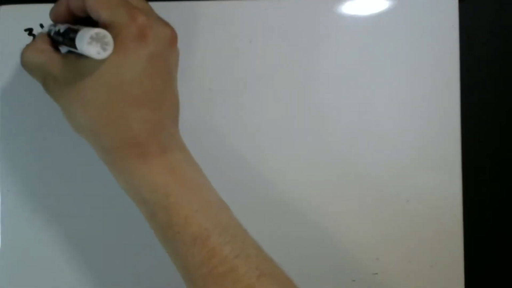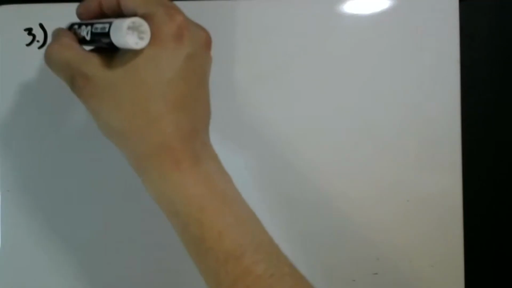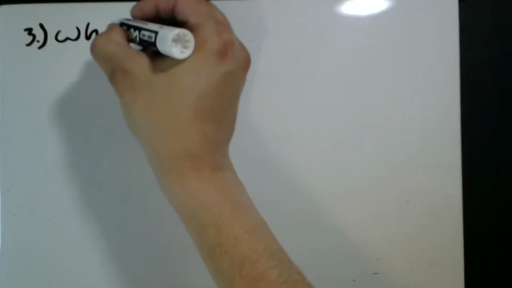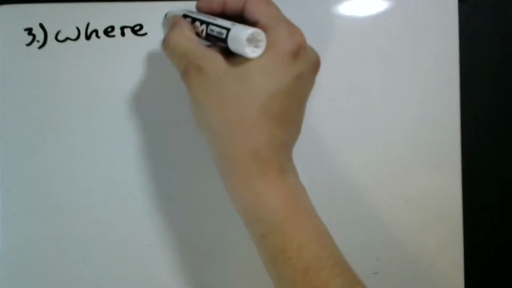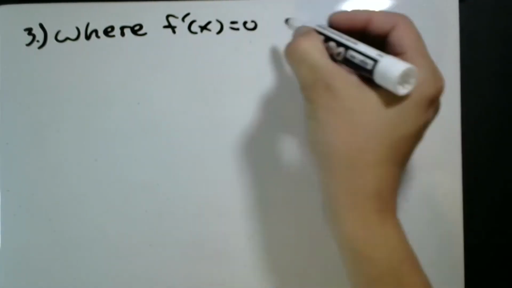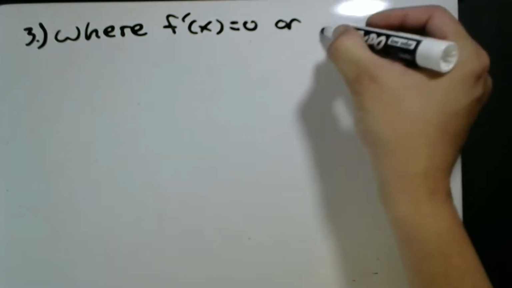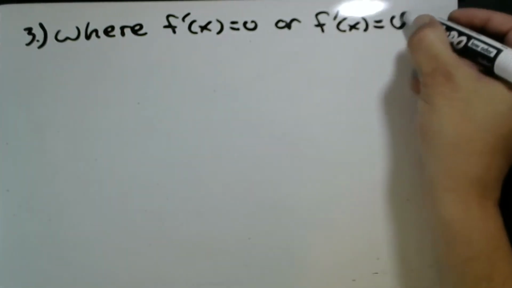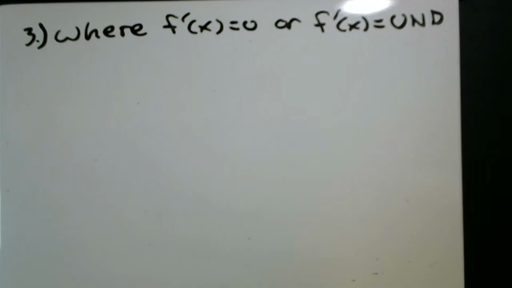But we use both the derivatives, first and second. We can use them both to study what's going on with these critical points. So for critical points, this is where f prime of x is 0, or f prime of x is undefined.